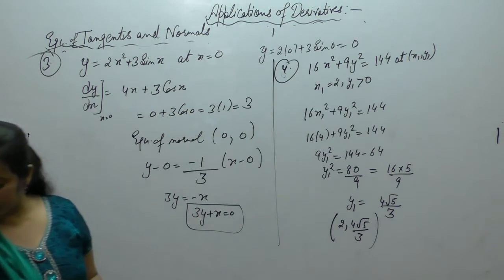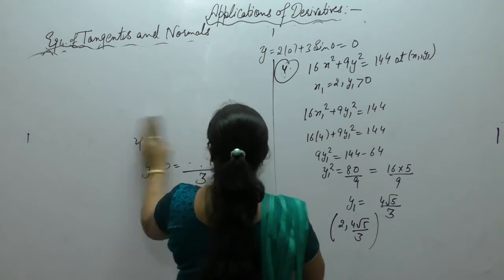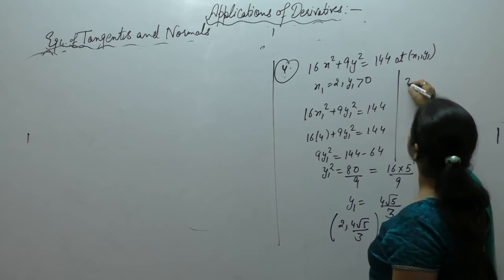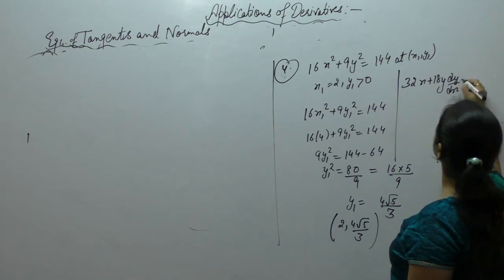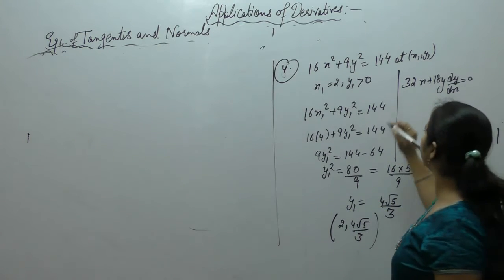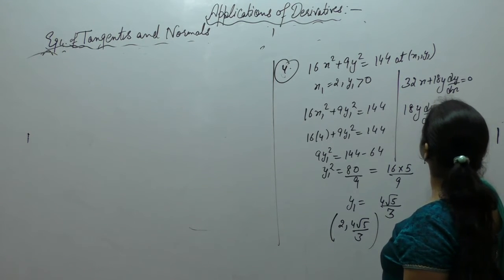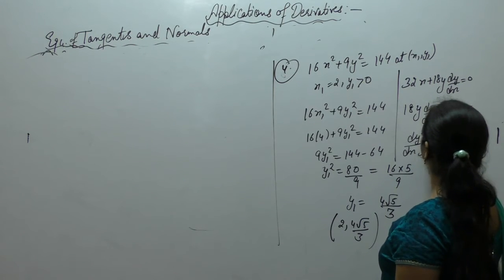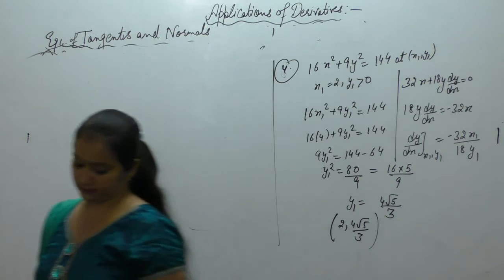Now we want to find the equation of tangent and normal. So differentiate the given curve to find dy upon dx: 16 into 2, 9 into 2, 18y dy upon dx, and the derivative of the constant term is 0. So 18y dy upon dx equals minus 32x. So dy upon dx at (x1, y1) is minus 32x1 upon 18y1.